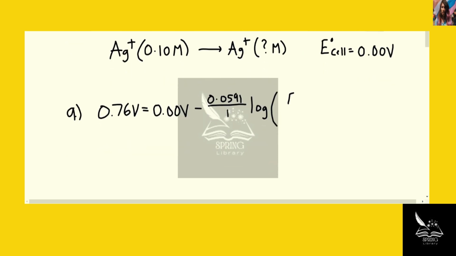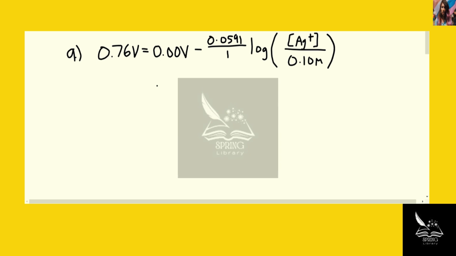So we can call that the concentration of Ag+, the variable that we're solving for in the anode, divided by the concentration of Ag+ in the cathode, which is given as 0.10 molar. And now if we rearrange this equation to solve for the concentration of Ag+ in the anode, we should find that value to come out to about 1.0 times 10 to the negative 14th molar.